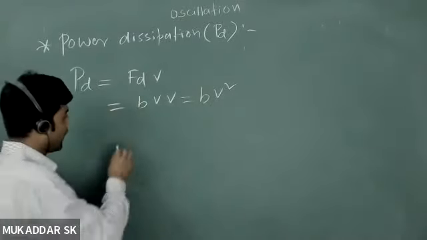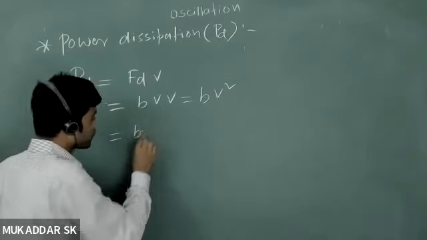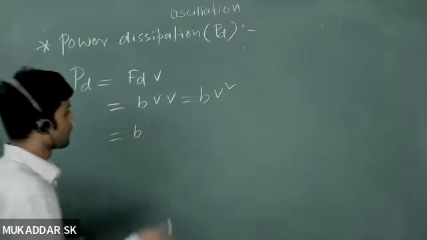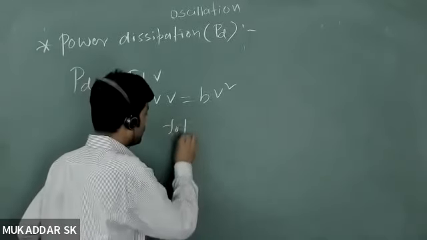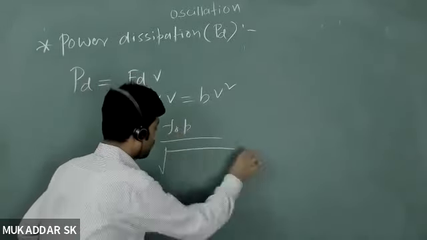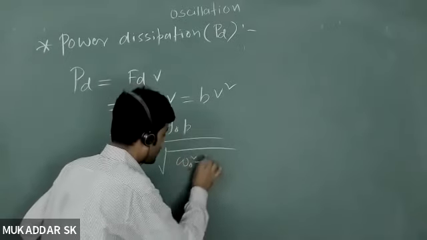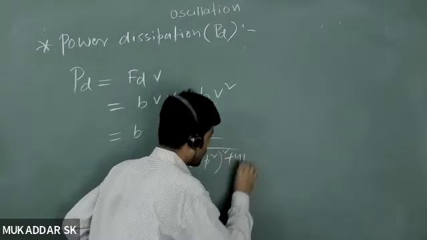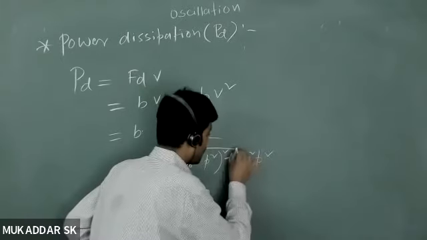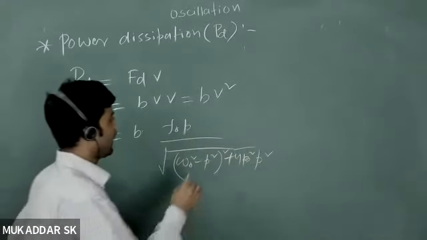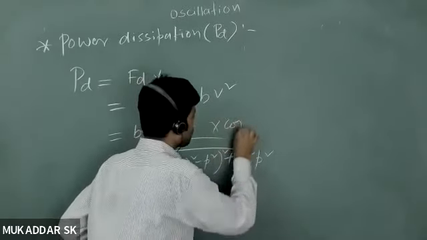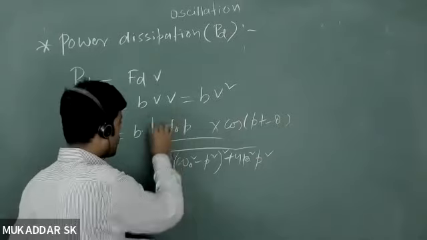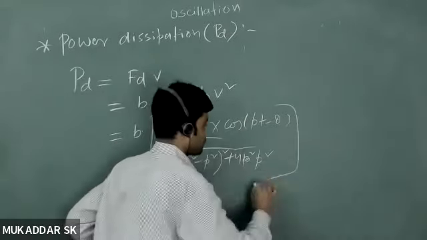And you know V, right? V is how much basically? So if you remember for your forced oscillator, V was how much? So it was F naught P divided by square root of omega naught square minus P square whole square plus 4 beta square P square, right? That was your V, and you also have cos of Pt minus theta. So since V square is there, so you have it squared.